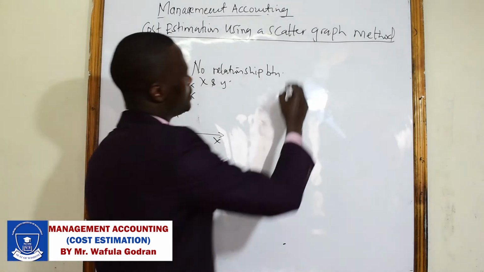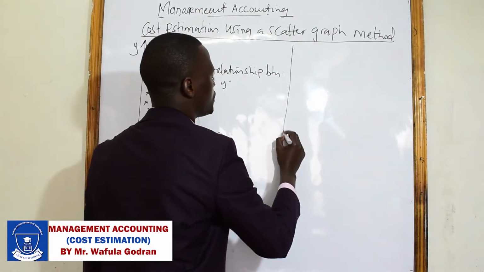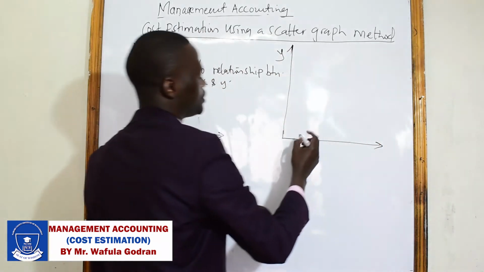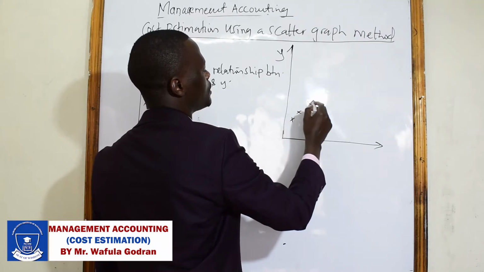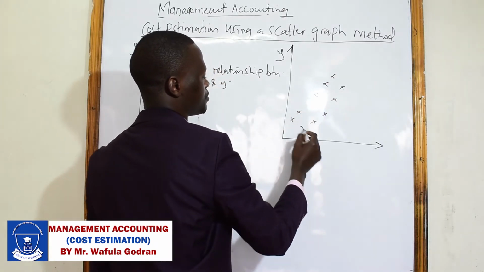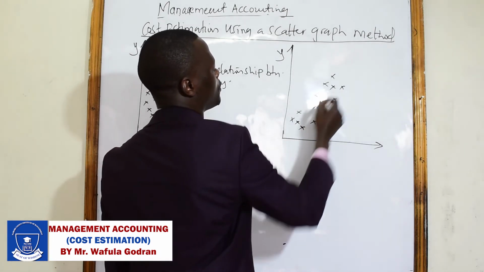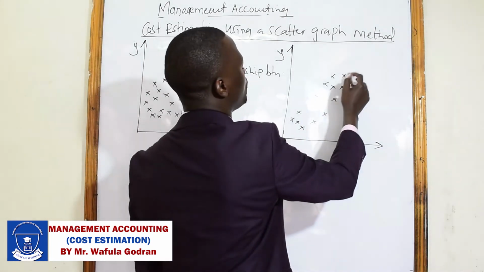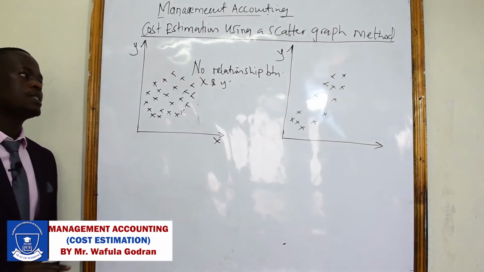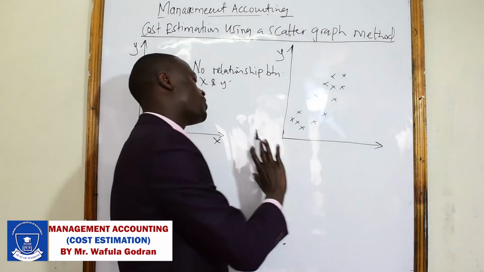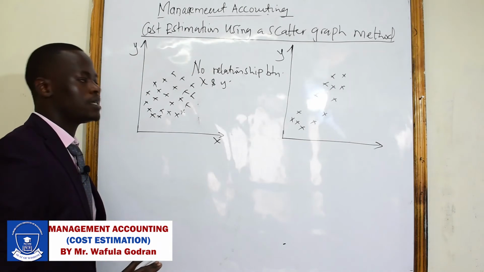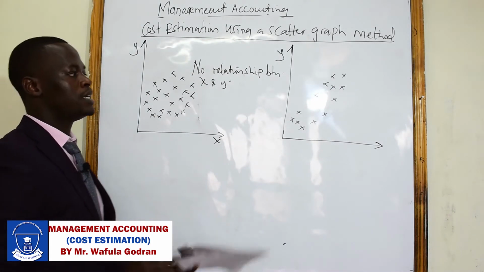But you may get another one that looks like this, with y and x, where the items have been plotted like this. If you look at this just by observation, you can easily tell that these items we've plotted are moving towards the right on the upward slope.